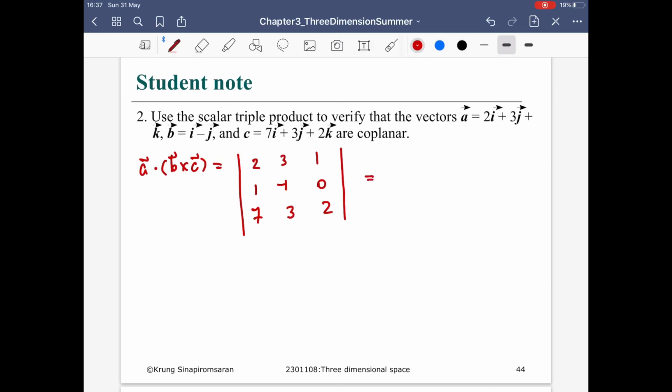So you find whether it equals 0 or not. If it is, then it is coplanar. If not, then it's not coplanar. Okay, so this one we would like you to try by yourself.